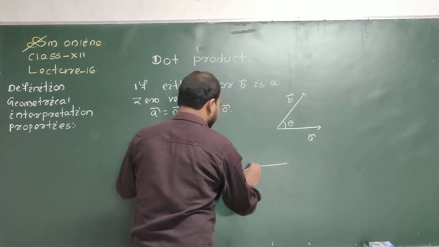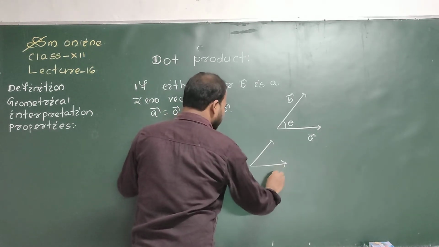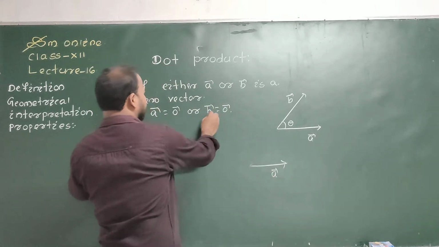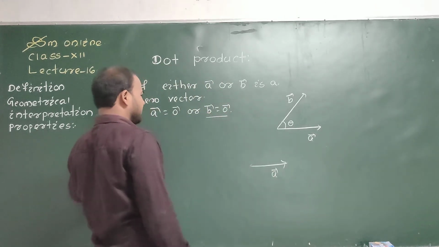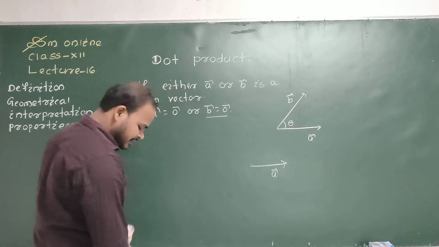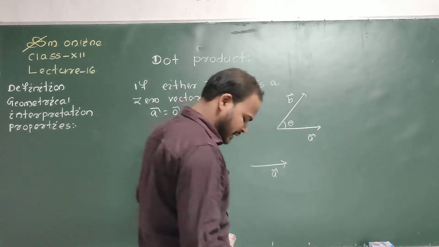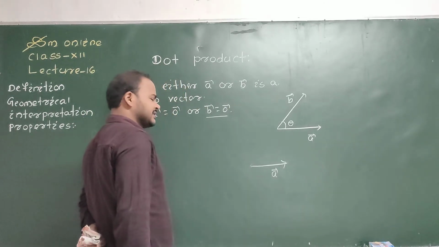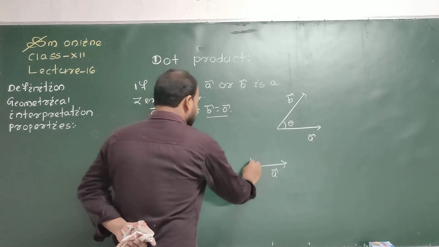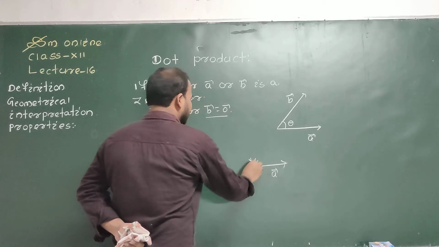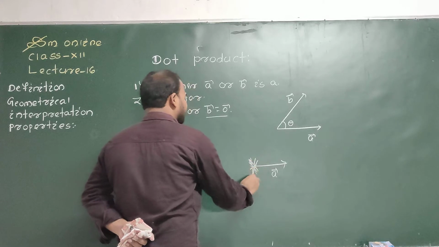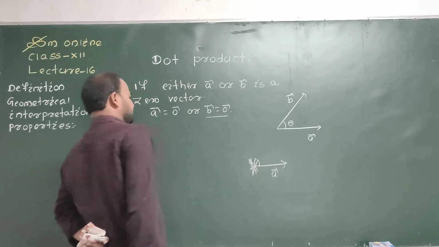Suppose this is vector A, and suppose vector B is the zero vector. The zero vector has arbitrary direction, so in this case we cannot define the value of theta.